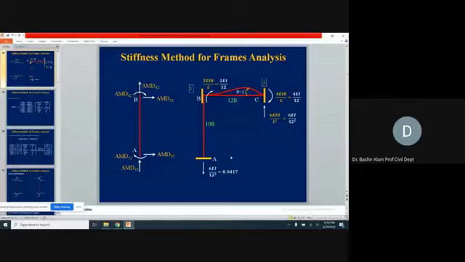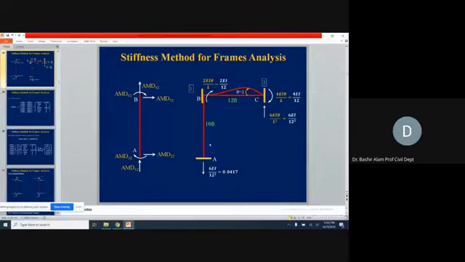AMD 2,2 is 0. AMD 3,2 is 0, as we don't have any moment. AMD 4,2 is upward, 0.0417. AMD 5,2 is 0, as we don't have any horizontal. AMD 6,2 we cannot take, because this is for member BC.